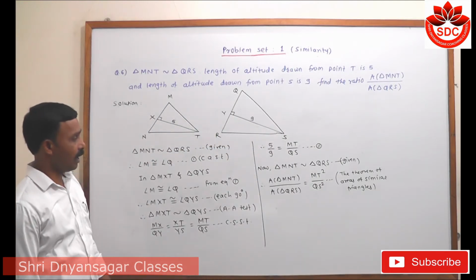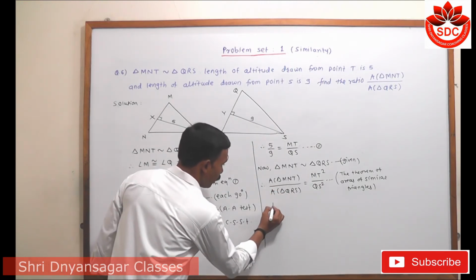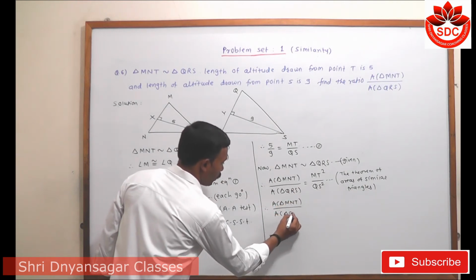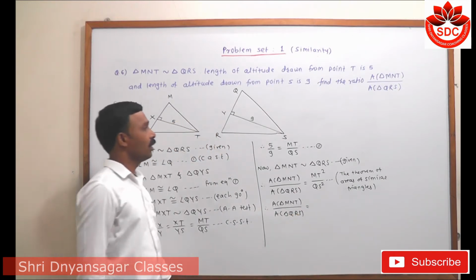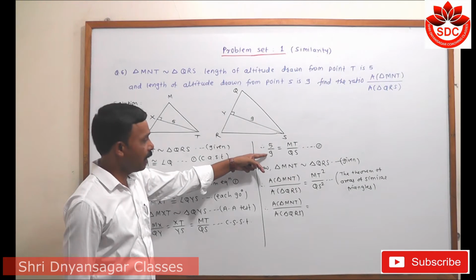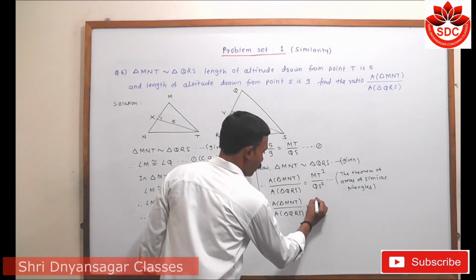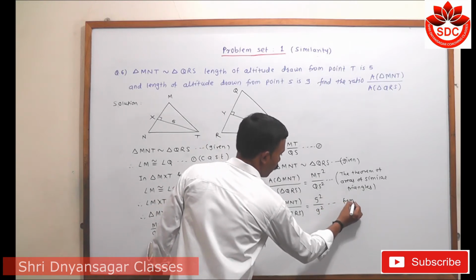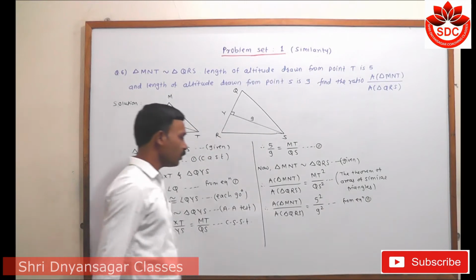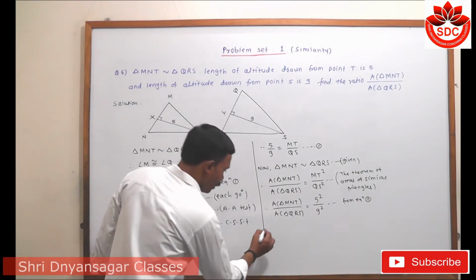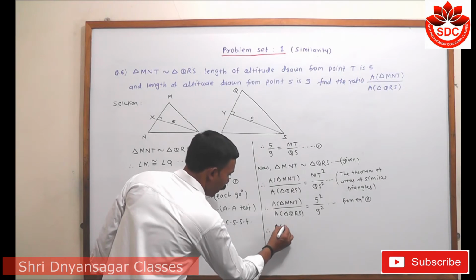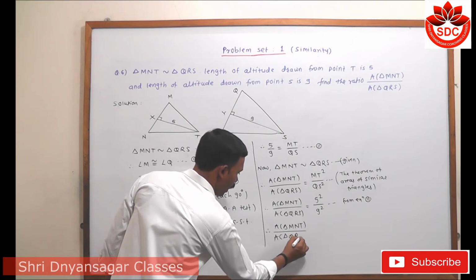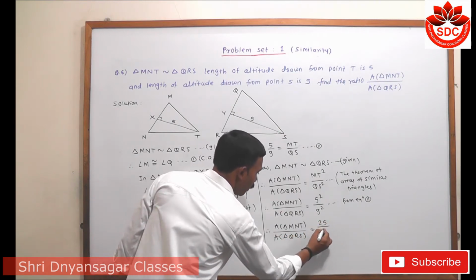Now we substitute the values. Therefore area of triangle MNT upon area of triangle QRS is equal to, the value of MT is 5 and QS is 9, so 5 square upon 9 square. This is from equation 2. Then what is the square of it? 25 and 81. So area of triangle MNT upon area of triangle QRS is equal to 25 upon 81.